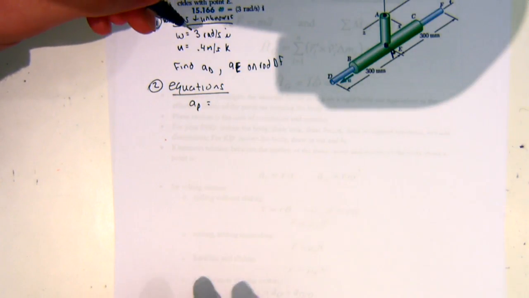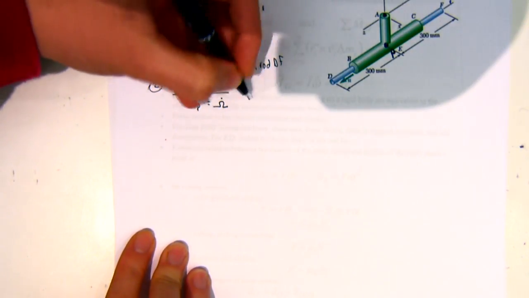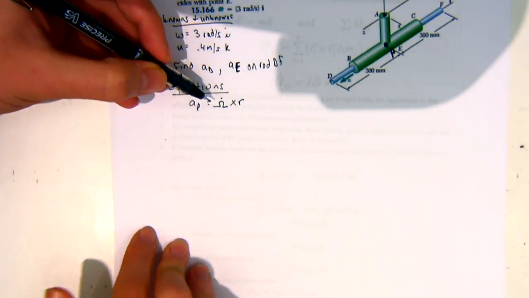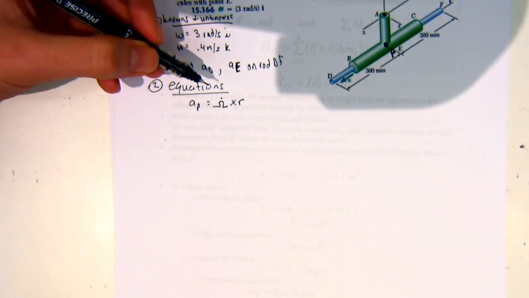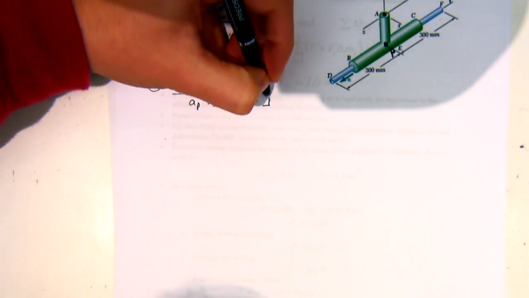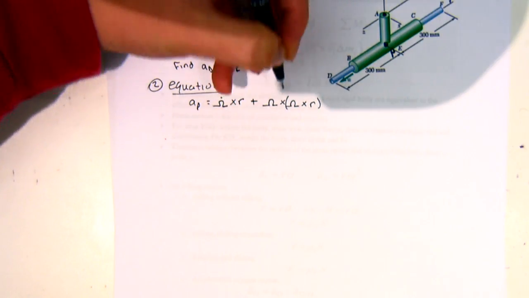For our tangential component, that's just going to be omega dot cross r. That omega dot is the same thing as having alpha. Then for normal, I'm going to have omega cross omega cross r.